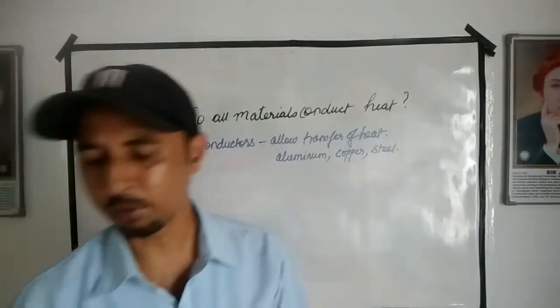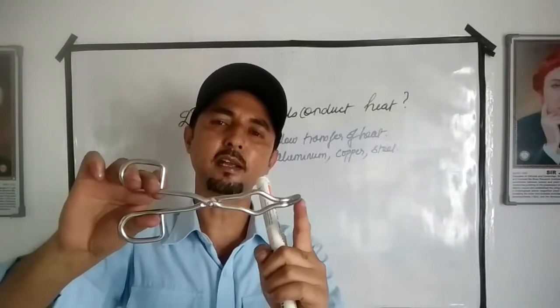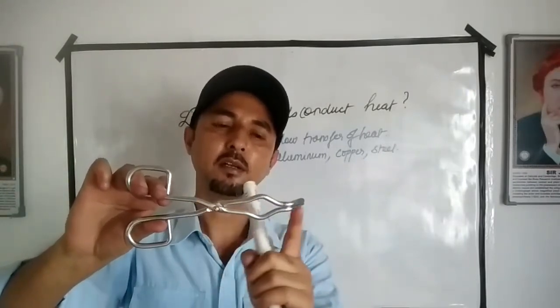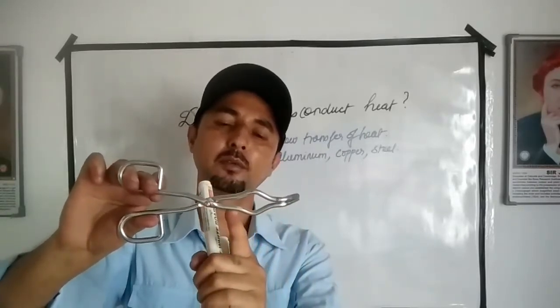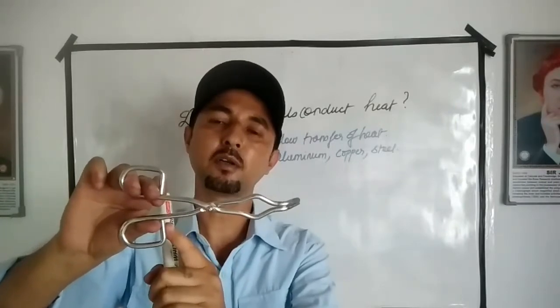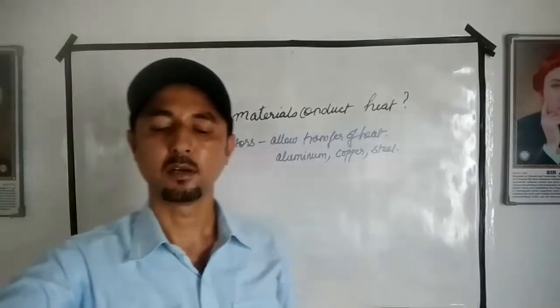A simple example which you have also seen in the activity: if I start heating one end of this pair of tongs, which is made of steel, slowly the heat will be transferred and it will reach the other end, which will also become hot. So this is an example of a conductor.